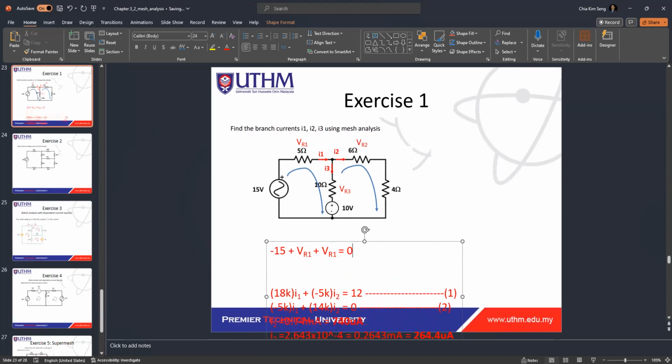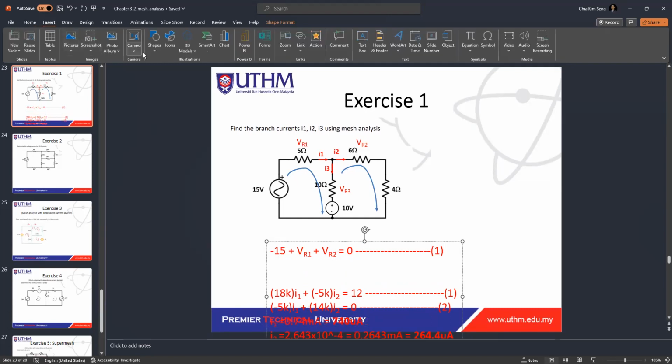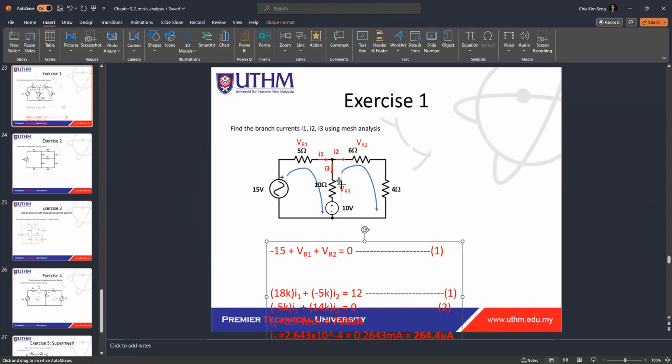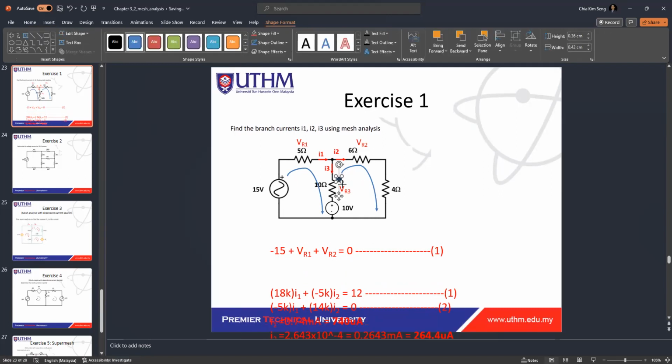So this is the equation that we get. Hopefully you get the idea. We put the positive and negative first so it will not be confusing later on. So positive here, and the other way is negative.